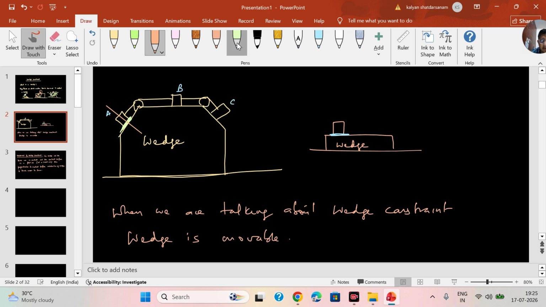Similarly, if wedge and block B are to remain in contact, then acceleration of wedge and block B in this direction must be same. Similarly, if C and wedge are to remain in contact, then acceleration of wedge and C in this direction perpendicular to contact surface must be same. If they are not same, they'll separate. Similarly, here in this direction, acceleration of wedge and block must be same if they are in contact. That is the wedge constraint.